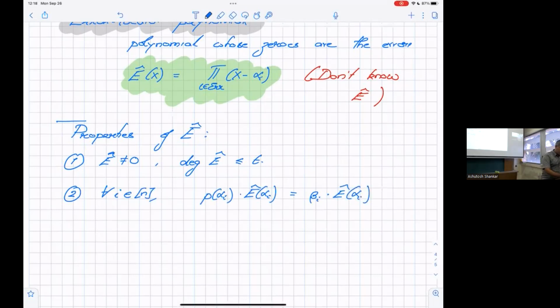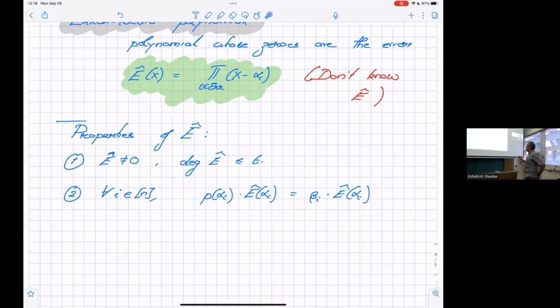The key point is this holds for all i, not just i not in the error set. When i is not erroneous, P(alpha_i) equals beta_i. Otherwise, E hat(alpha_i) is 0. So even if the inequality were true, the equality comes back between the two. That's a key observation.